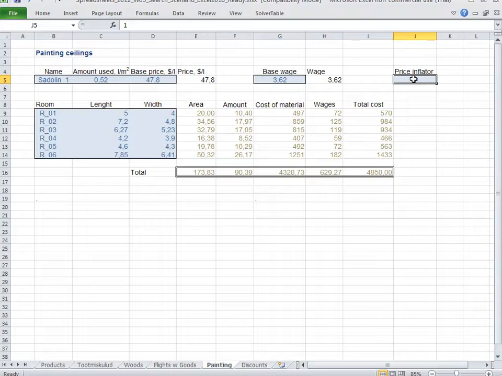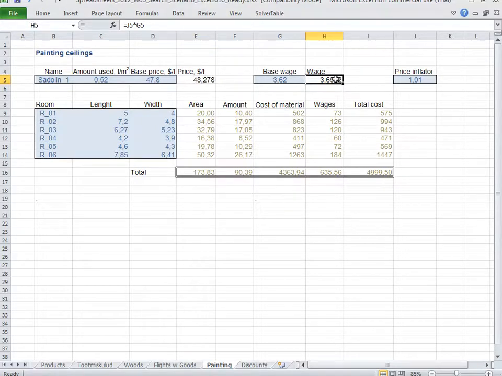So if we make inflation 1,1, now the prices have gotten bigger by 1%. Both prices together, the price of paint and the wage.